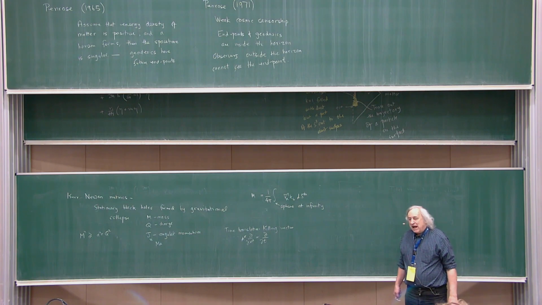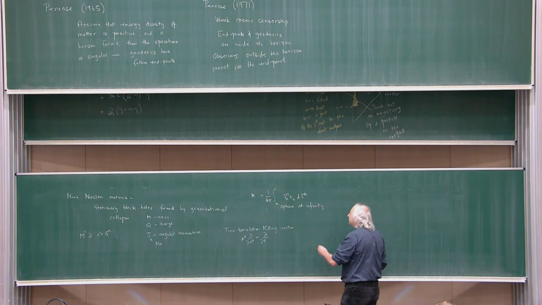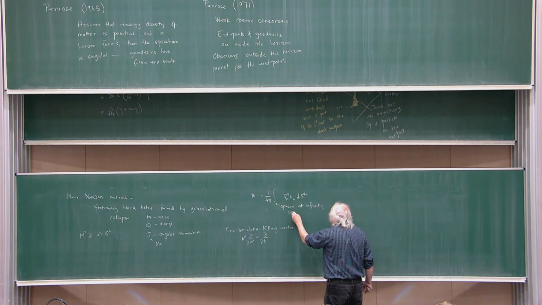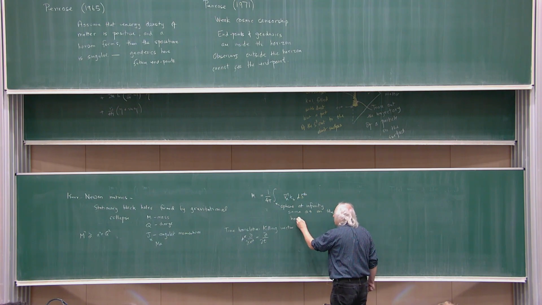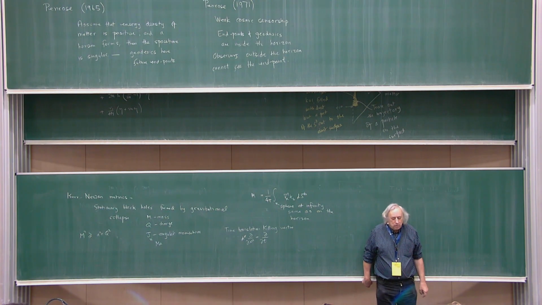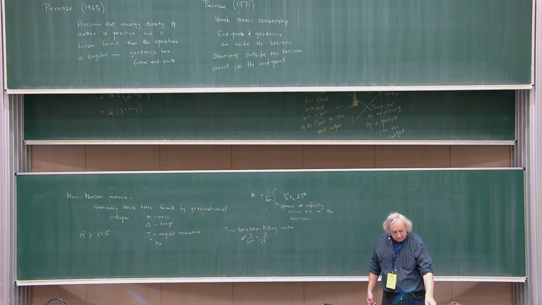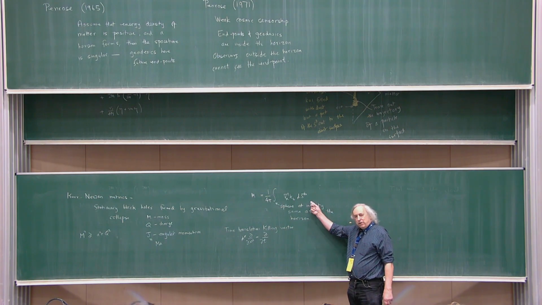Although it's described at infinity, you could just as well do this on the horizon. Because we're in a stationary state, you can think of this as being rather like a Gaussian integral.